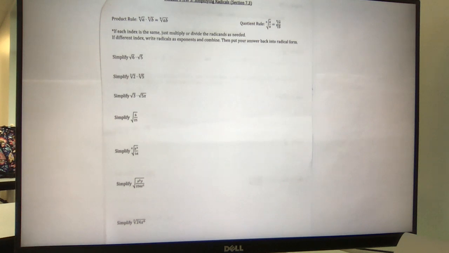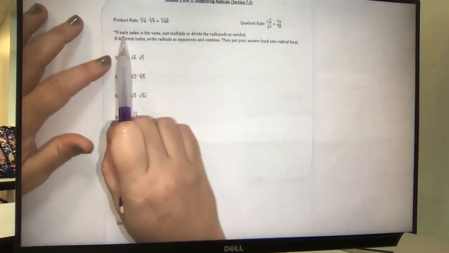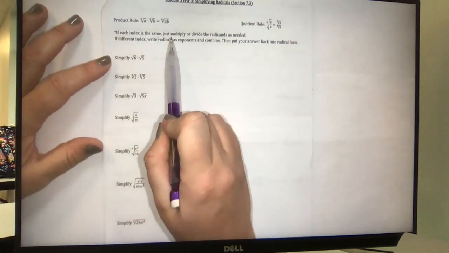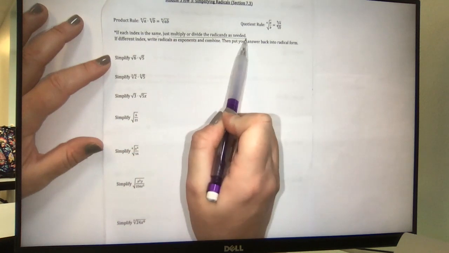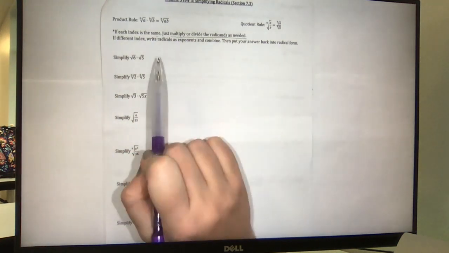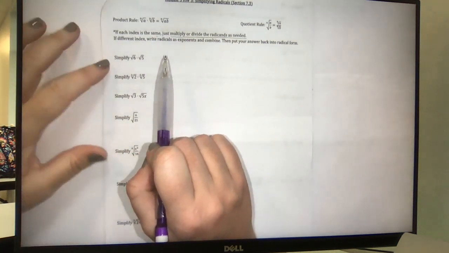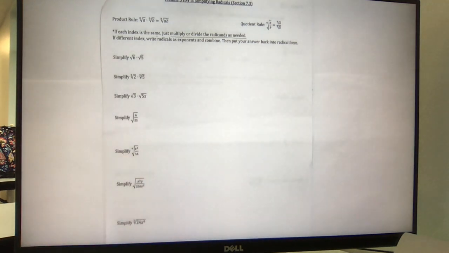And when they don't have the same index, change them to your rational exponents. Okay. All right. So if each index is the same, you're going to multiply or divide the radicands, the stuff inside, just as you need them. Okay. And then leave your index alone.